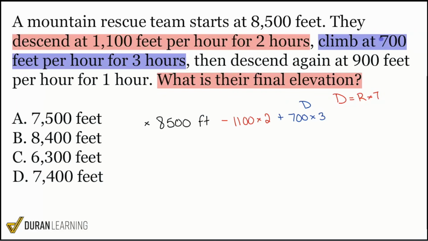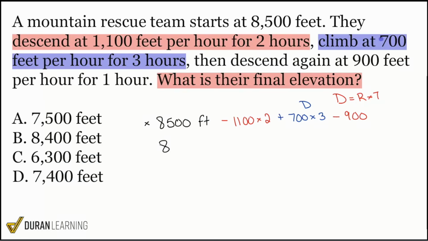And then lastly, everyone, when we see the final descension, so descending again at 900 feet, what do we do with that at the end? Yeah, that's going to line us up for subtraction. Again, the word descending or descend means we're going down, so we will subtract 900. And that's it. So now that we're here, all that's left to do is perform the calculation and then add everything up nice and simple.